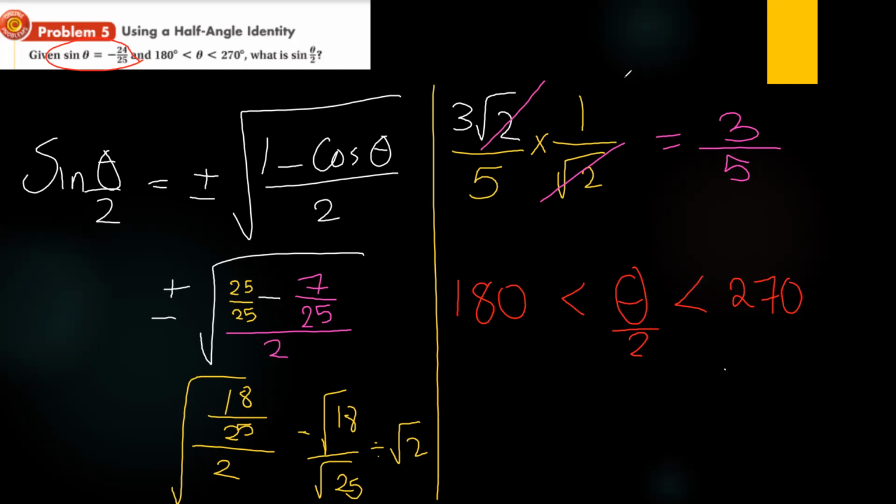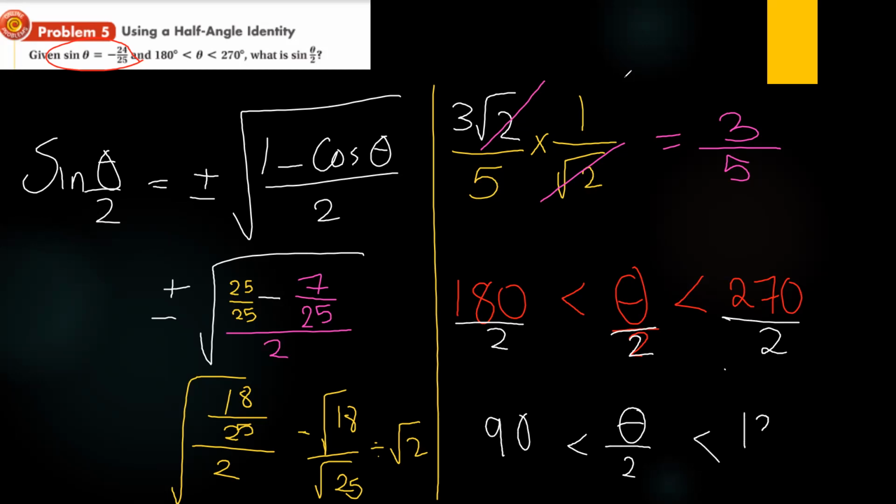But what did I have? I have theta. So what can I make? I will divide each part here by 2. So theta over 2 will be between 90 and 135 degrees.